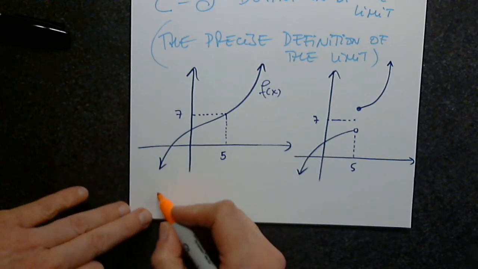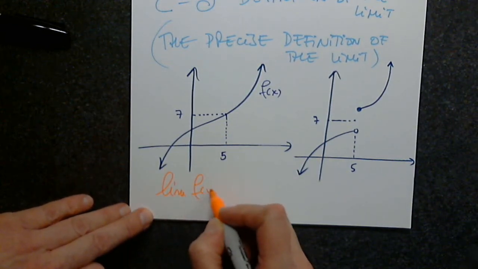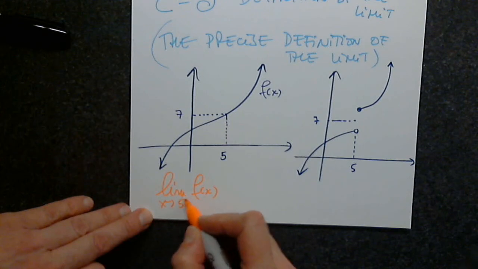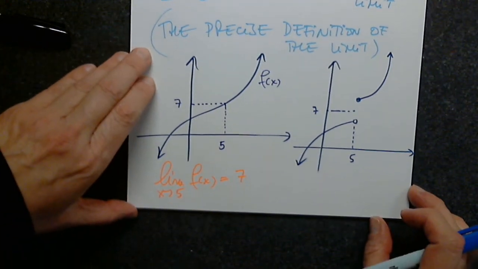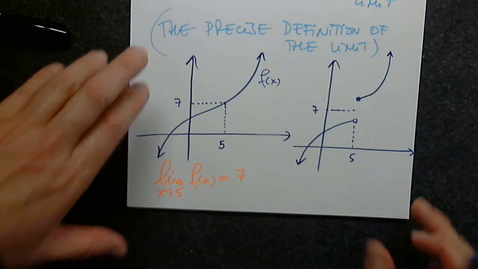And here's my claim. The limit of f of x as x approaches 5 is 7. Now, I would like you to tell me whether you agree with this or you don't. You have to agree because that's what it is. Good.